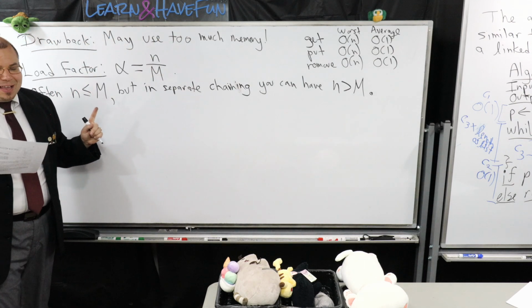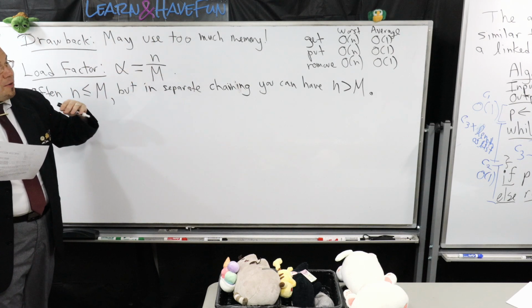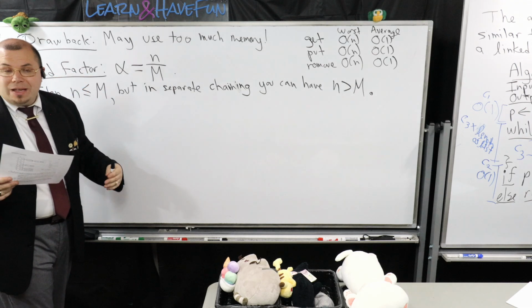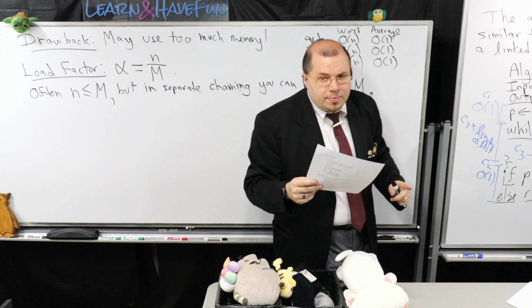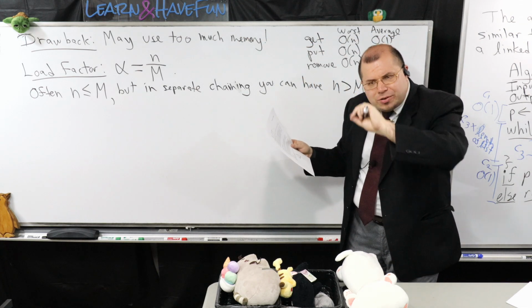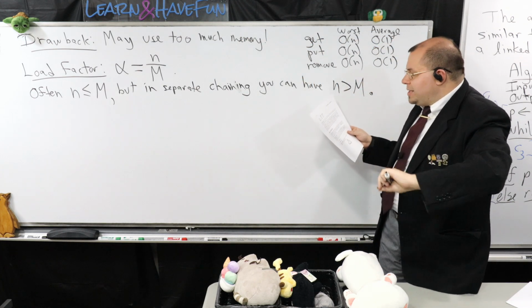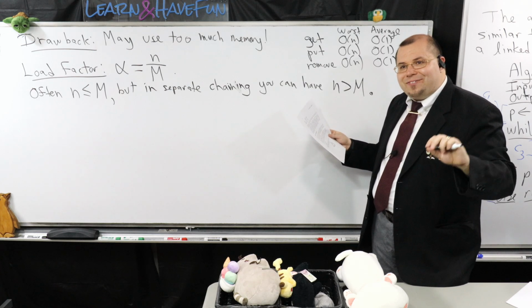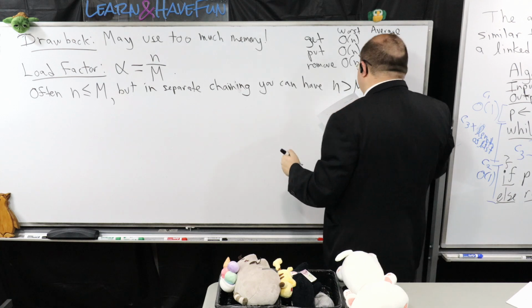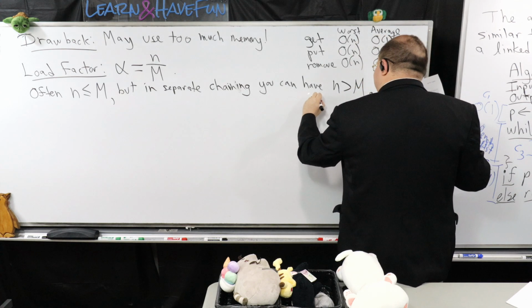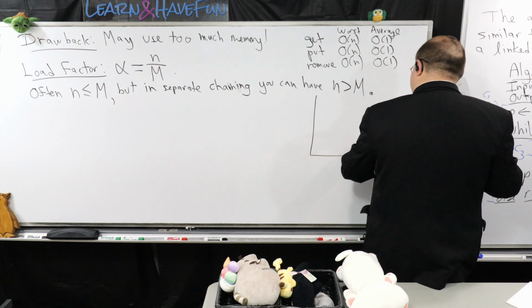Likewise, if N can be bigger than M, that means there are more records than there are slots in the table. I want to give you an intuition for how the average case time complexity gets affected by this. Very often you'll think of this alpha like a constant. In fact, in the way we do our analysis, it is a constant.